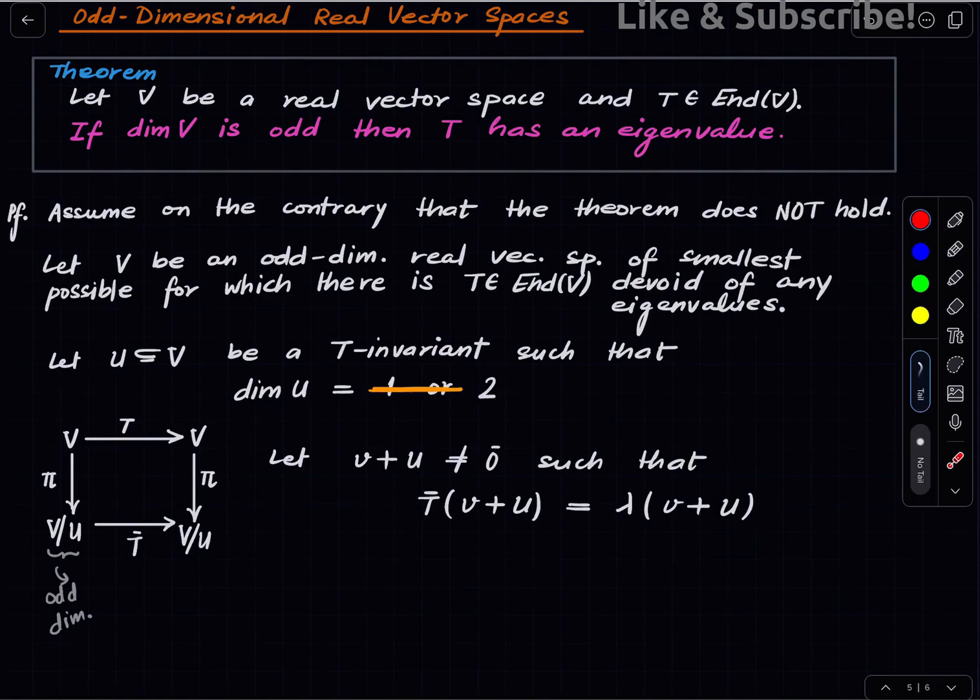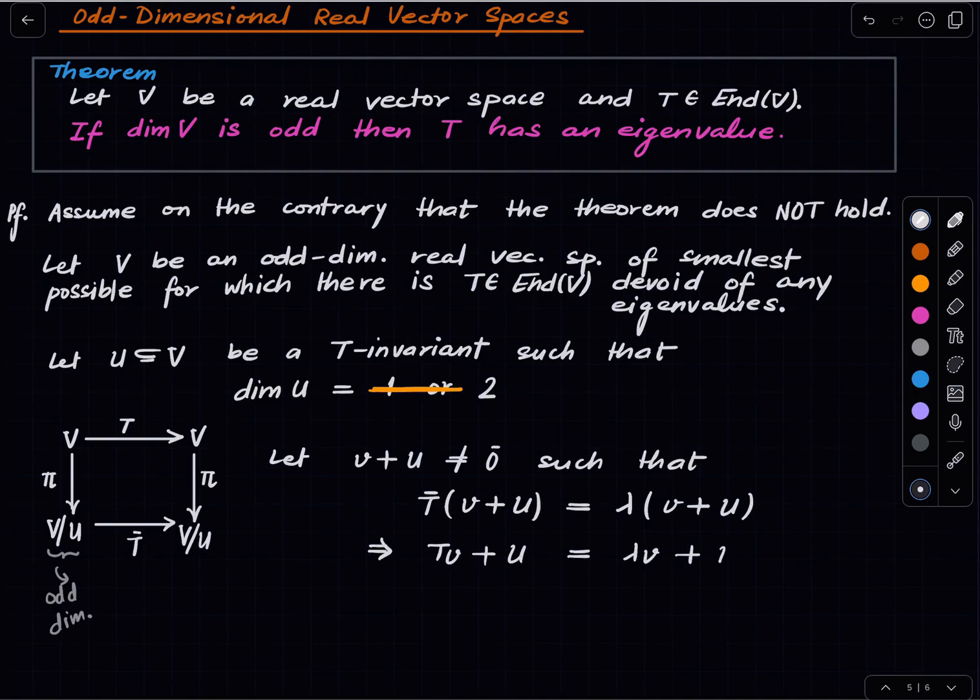So for some real lambda, this is true. But if we decode this equation, this says that Tv plus U equals lambda v plus U. Which means that Tv minus lambda v is in U. All right.